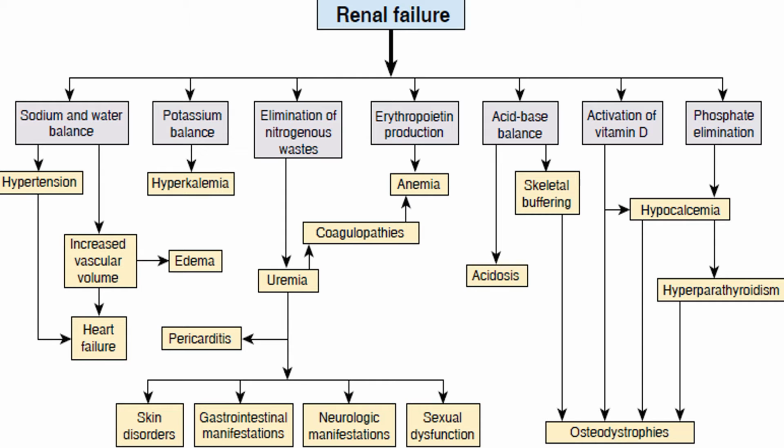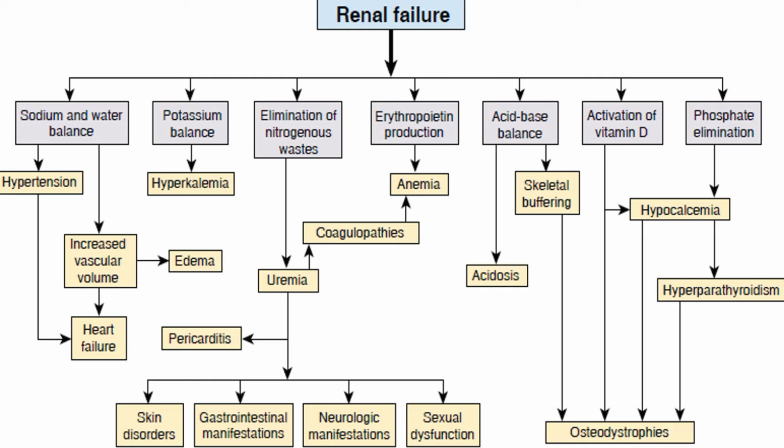And with disordered renal function, erythropoietin production decreases and forms anemia. Change in the balance of acid and base forms acidosis and decreasing pH, and disorders of the skeletal buffering system.